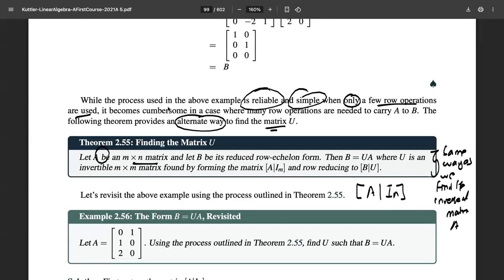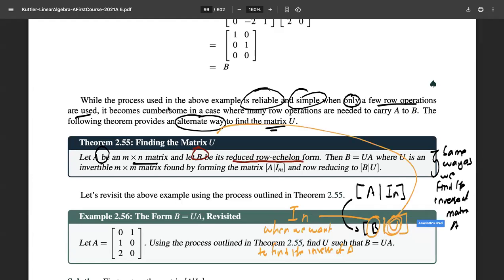Our idea is to reach matrix B. The only difference is that for the inverse matrix, we try to reach I_n when we want to find the inverse of A. But here we want to reach B. So in this case, we know matrix A and we know the reduced row echelon form. Then this theorem tells us that what we have on this side is our matrix U that we need to find. All right.